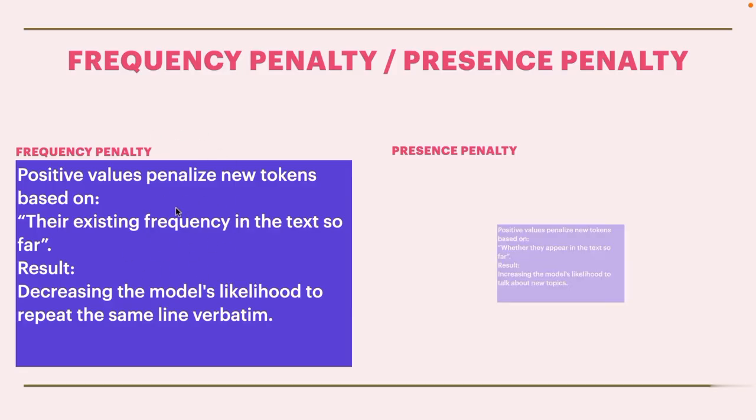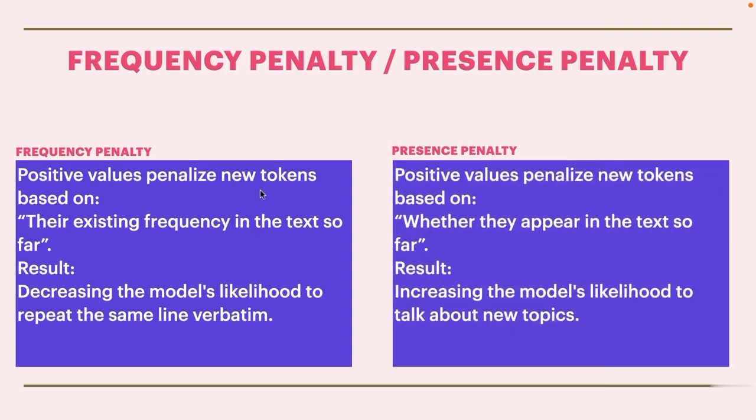Now, moving on to the presence penalty, it's slightly different. If you set this parameter to a positive value, then you will penalize tokens based on whether they appear in the text so far.